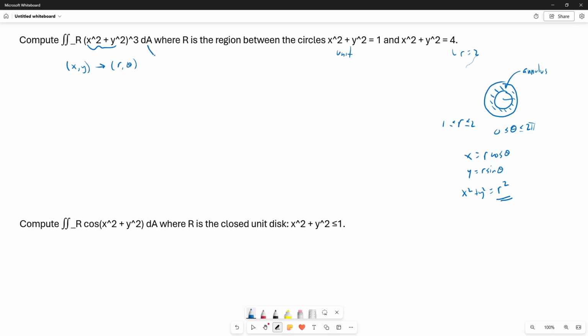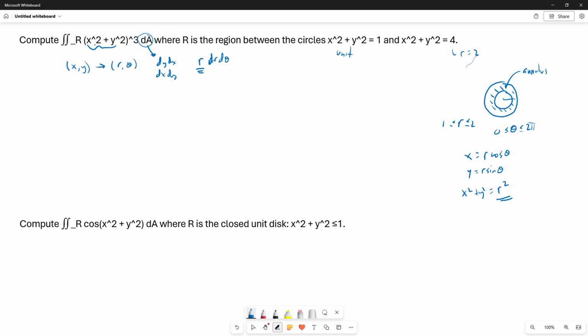Now, the area element dA in rectangular coordinates is dy dx or dx dy. But in polar coordinates, it's r dr dθ. And the dr dθ could be switched, but the important thing is that you get this extra factor of r in the area element.